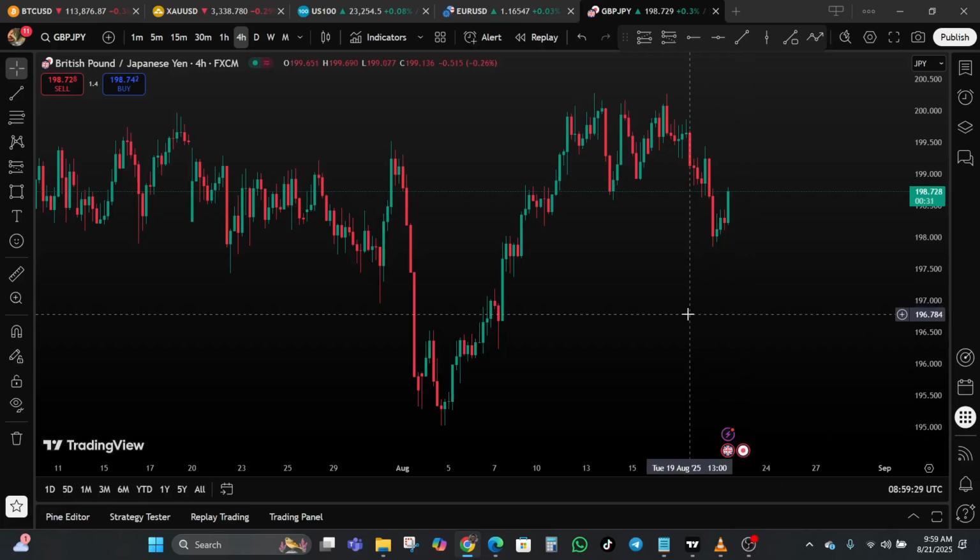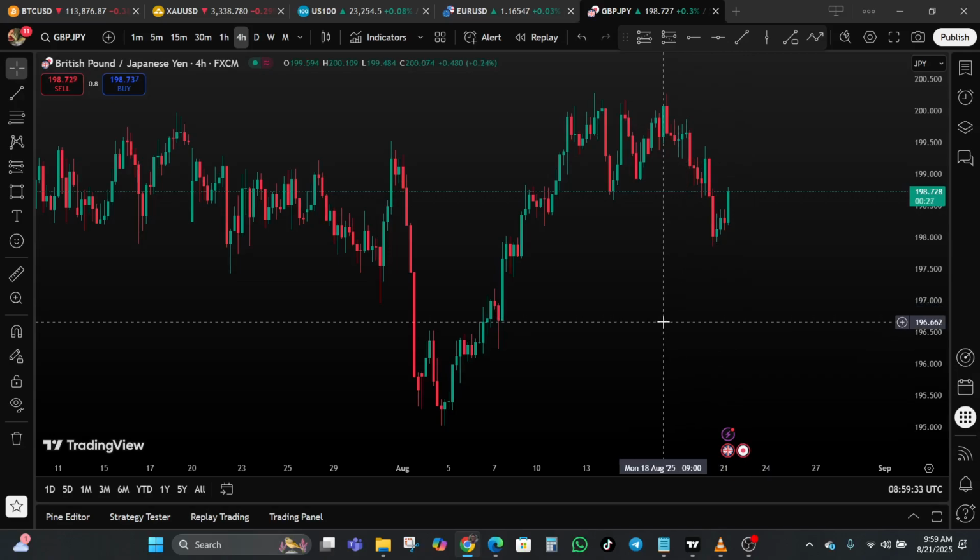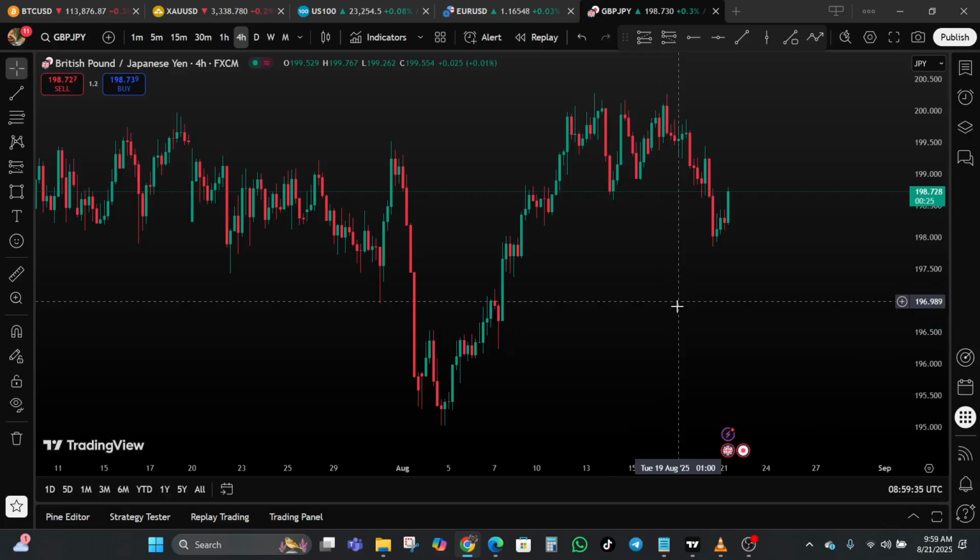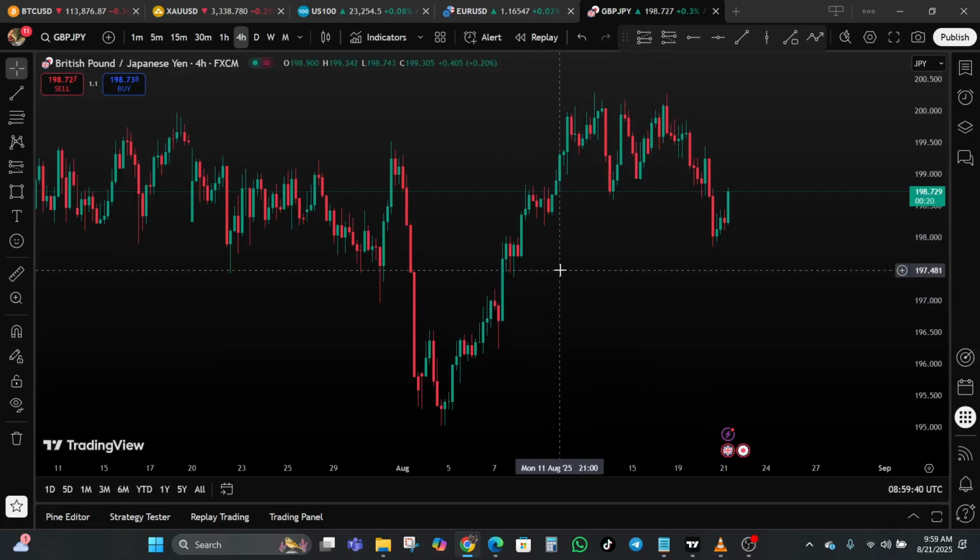Let us begin by defining what the unicorn trading strategy actually is. The idea behind the unicorn is to find areas in the market where multiple ICT concepts align at the same time.